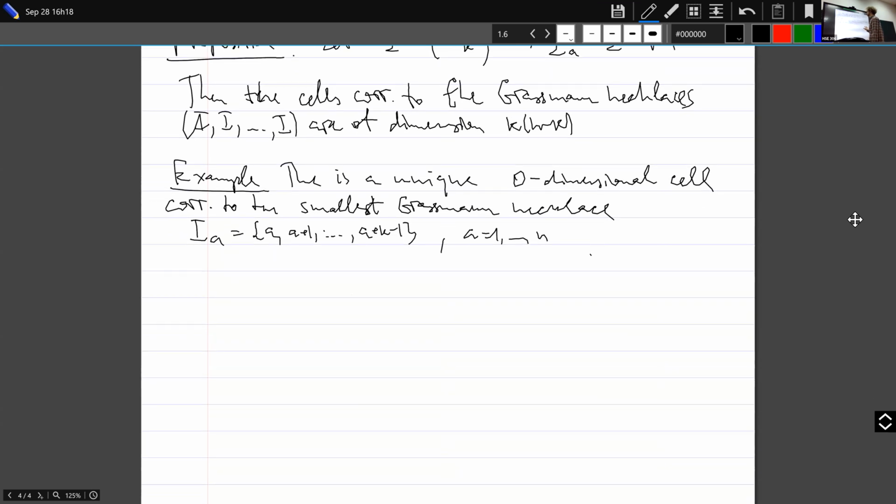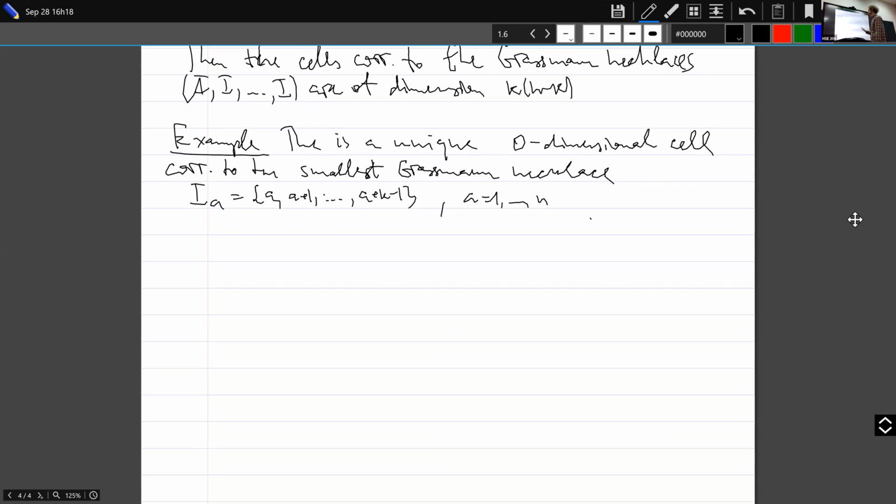So let me say a few more words about the last part. So why is it somehow useful to realize something as a quiver Grassmannian? So first of all, before that, yes, no, maybe let's include it in this part.